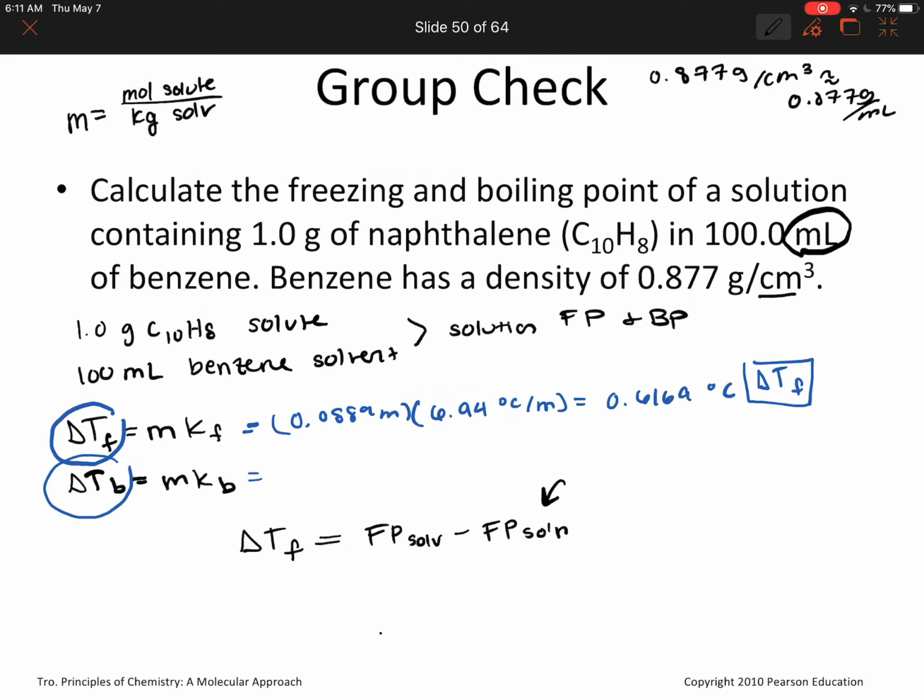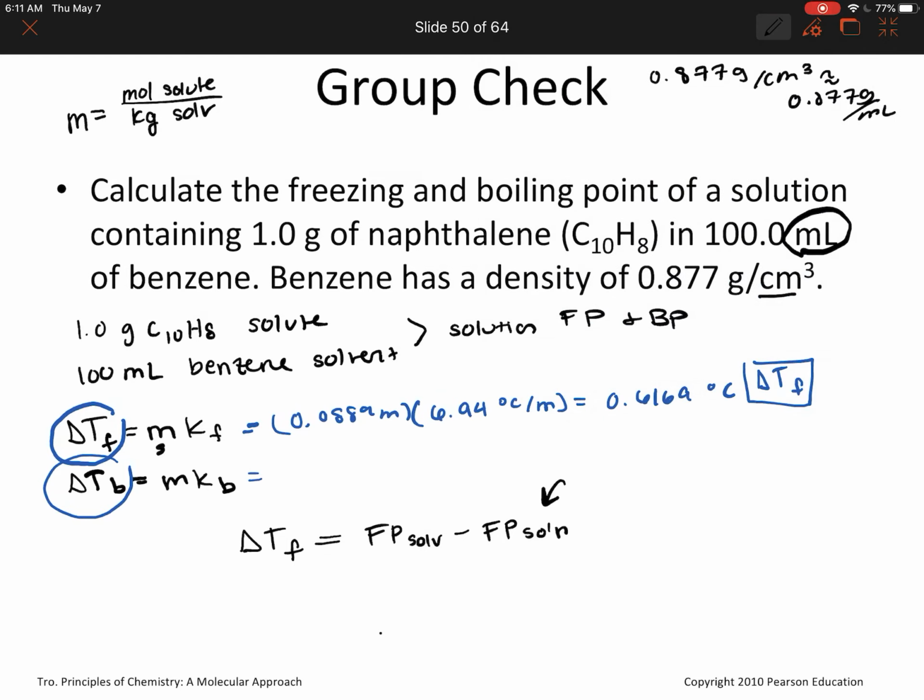And the freezing point of the solution is what I'm solving for. So I need to know what the freezing point of the solvent is. Well, that means I need to look up the freezing point of the solvent. And I just realized my error.